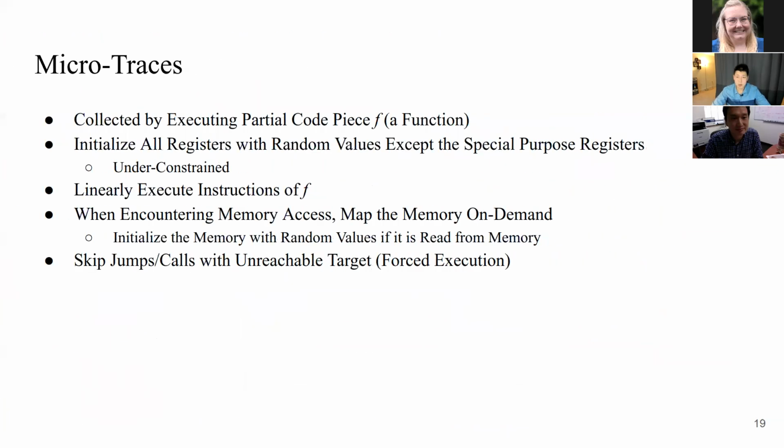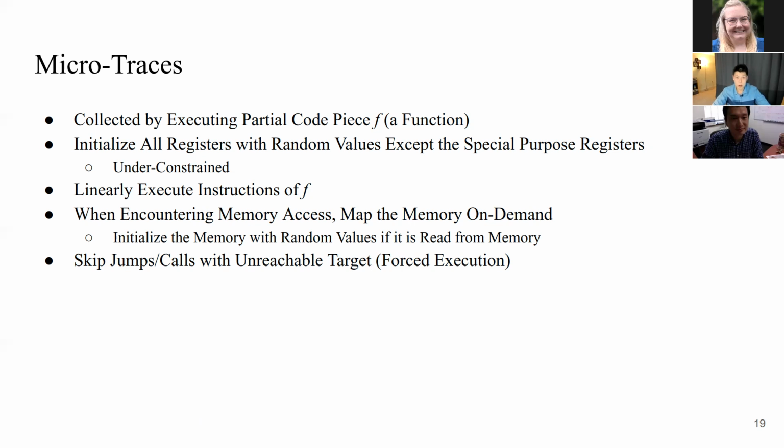To collect execution traces of diverse binary code blocks, we leverage micro-execution to execute each function multiple times. The basic idea is to initialize all registers with random values, except special purpose registers, such as the stack pointer and program counter.